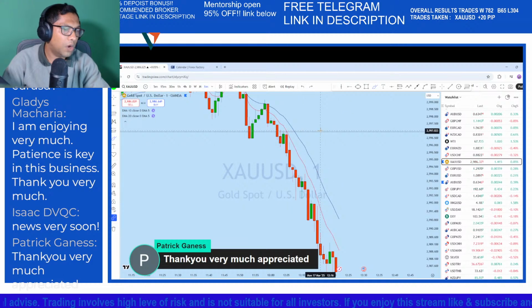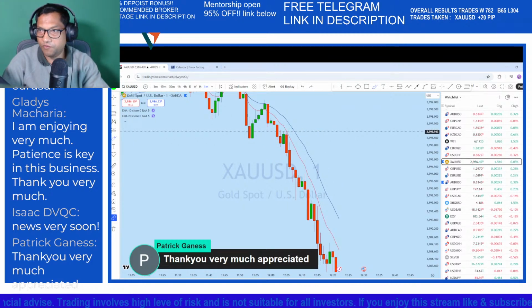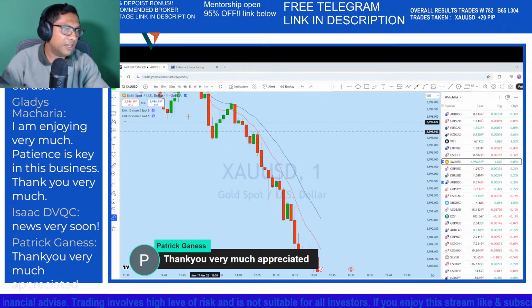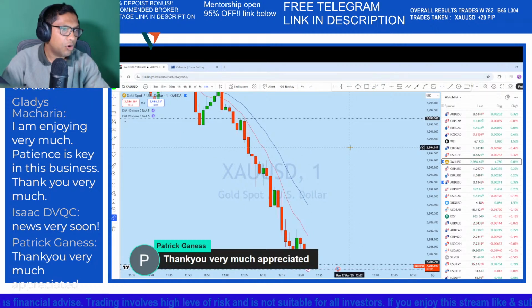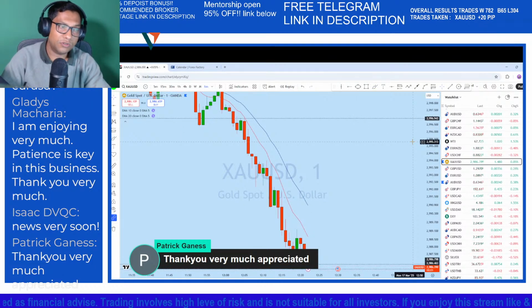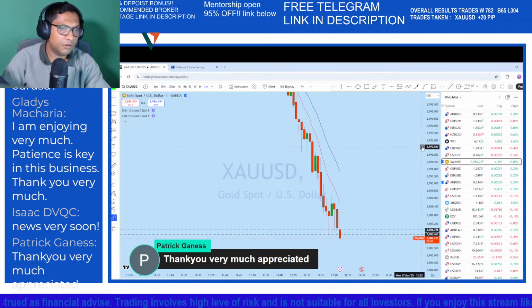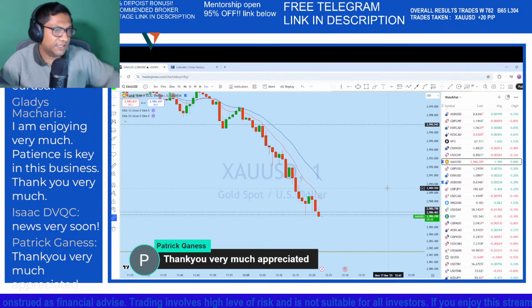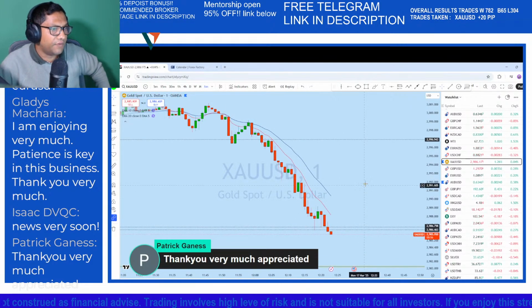Now what is engulfing? An engulfing pattern is when you see that it has completely engulfed the previous candle to the downside or to the upside. That is an engulfing pattern.